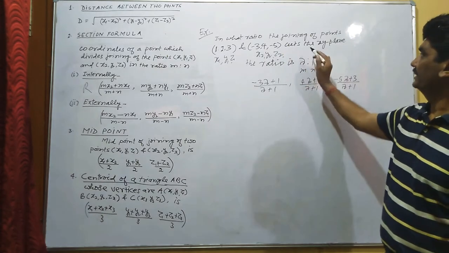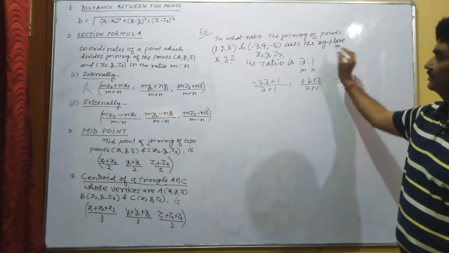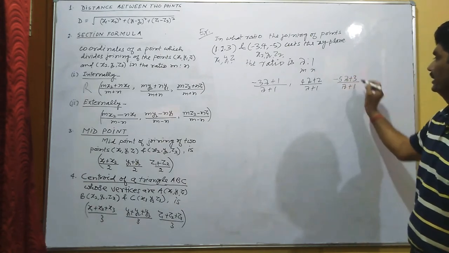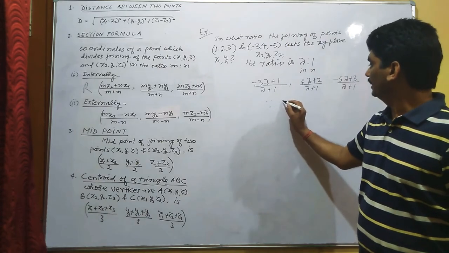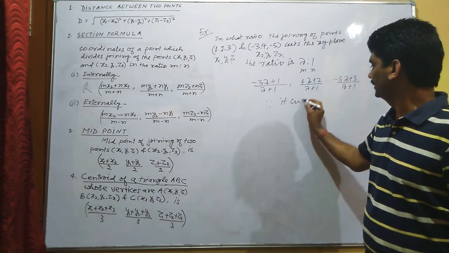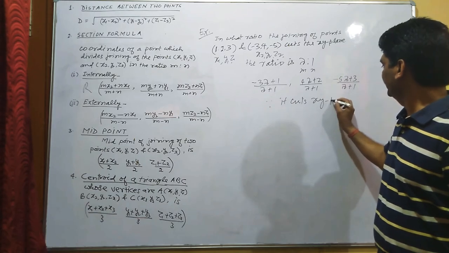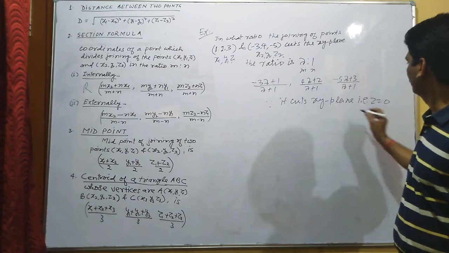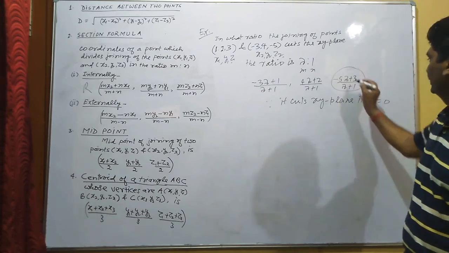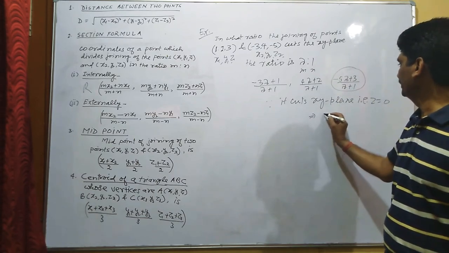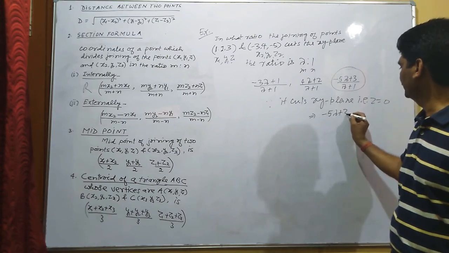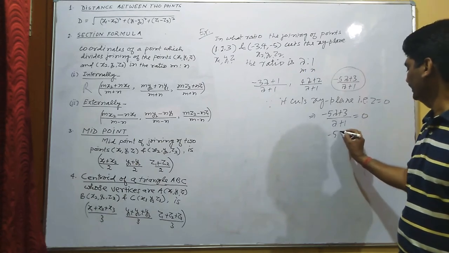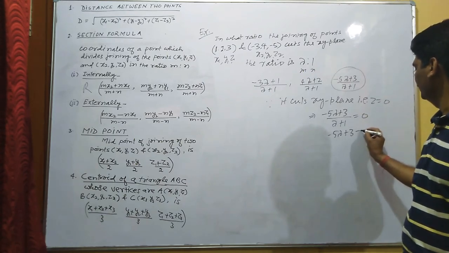But it is given that it cuts the xy plane. In the xy plane, the z coordinate is 0. So we put the third coordinate, that is the z coordinate, equal to 0. This implies (-5 lambda plus 3) upon (lambda plus 1) equal to 0, or -5 lambda plus 3 equal to 0.